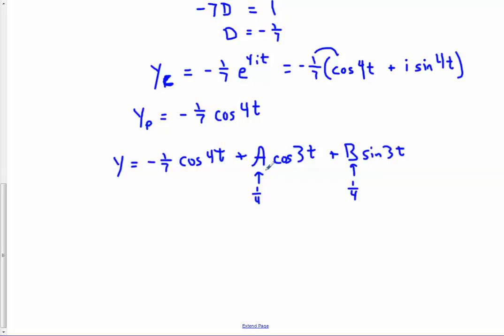There are some initial conditions such that a and b would come out to 1/4 and 1/4. Let me just fast forward. That's what I want the a and the b to turn out to be. It'll just make what I'm going to show you next a little bit easier. If that's the case, let's just quickly look at a graph of this function.